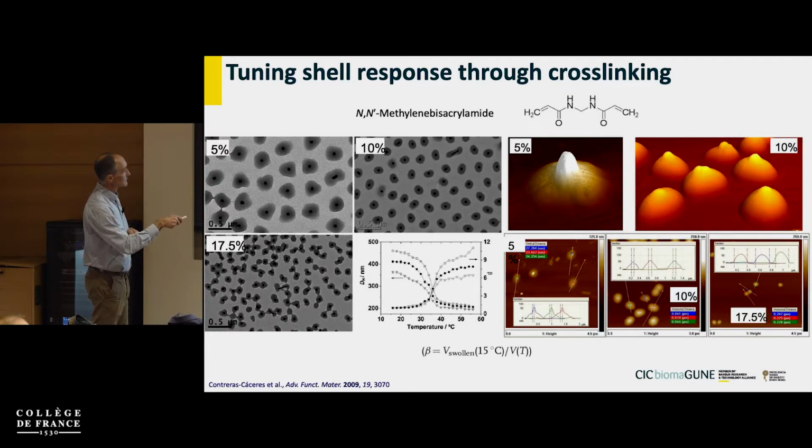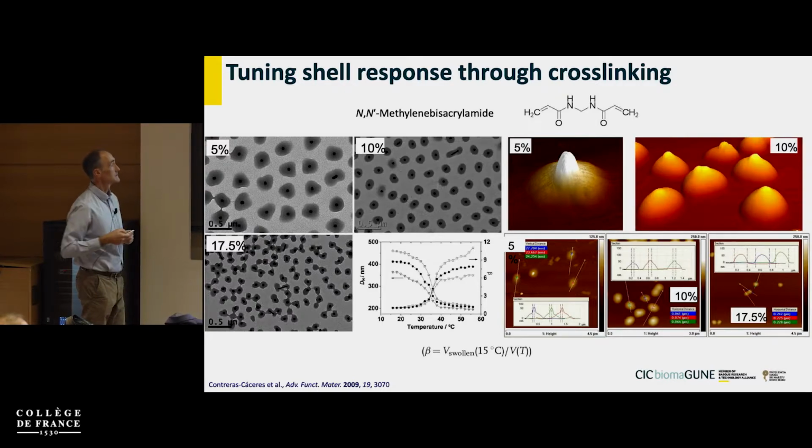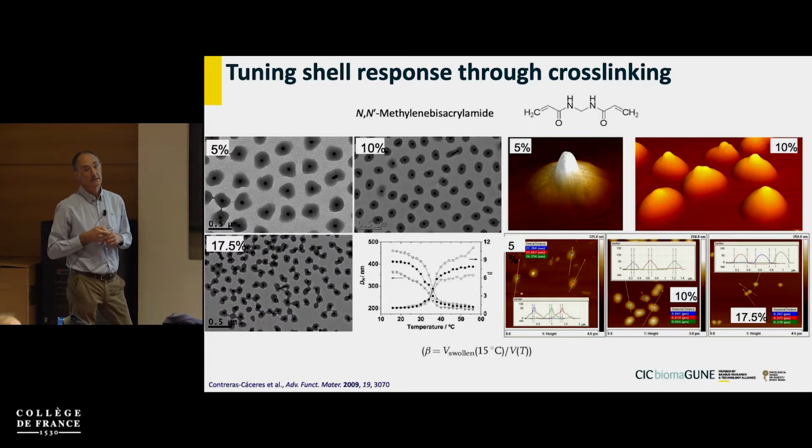And this is also related to the changes in the diameter and so the swelling degree of these shells, which are decreasing as you increase the concentration of the cross-linker. And this is not only nice to see in pictures, it's also relevant for one of the applications I'm going to tell you in a minute.